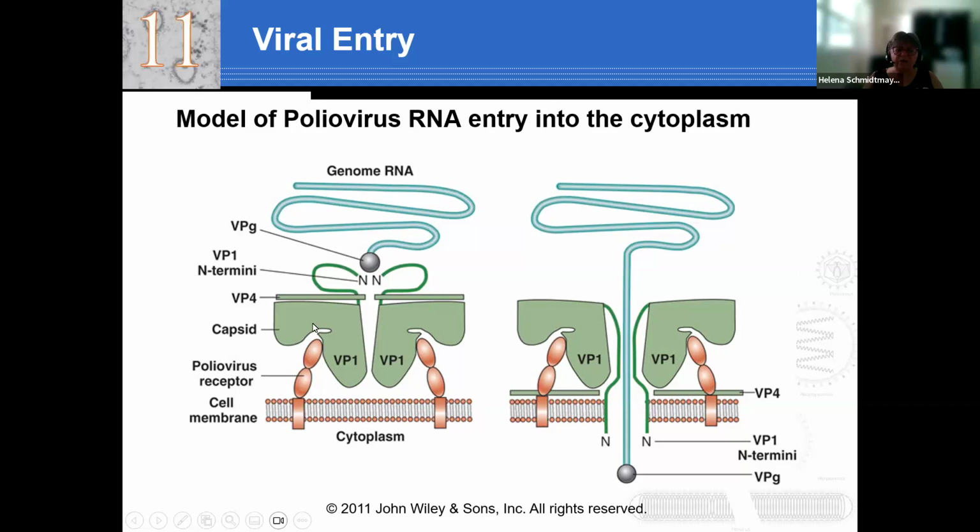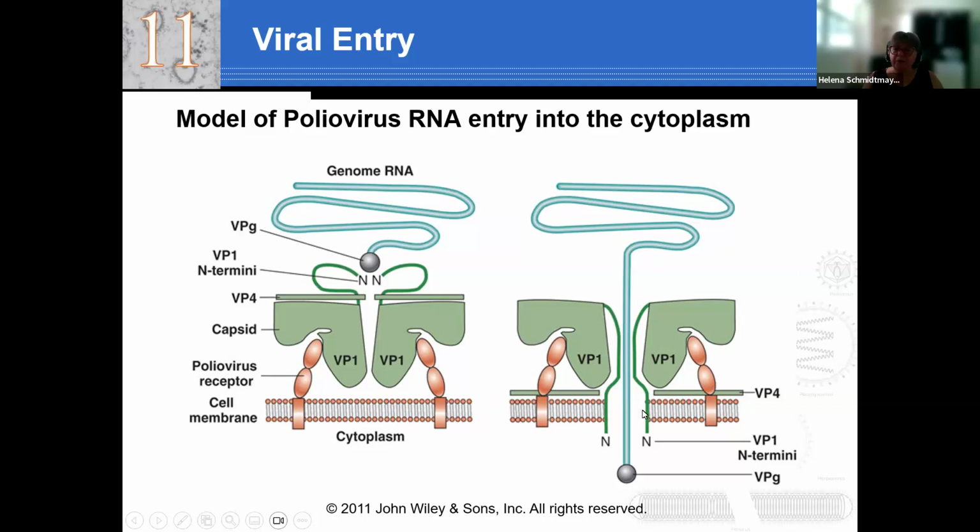And this interaction triggers a conformational change, which releases VP4, which is an internal protein, and VP1 changes conformation and extends beyond the viral capsid, and its N-terminus portion has hydrophobic regions, and these hydrophobic regions trigger pore formation.